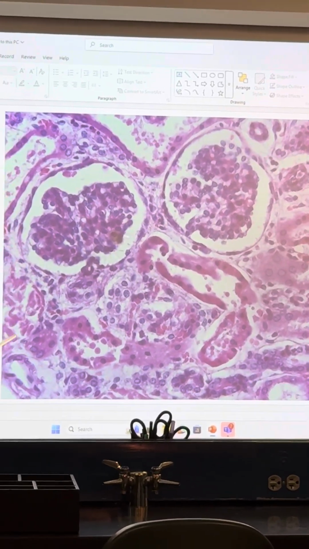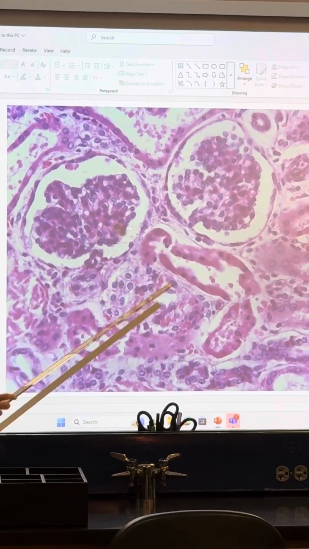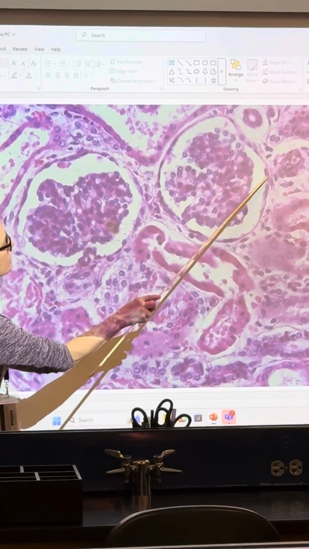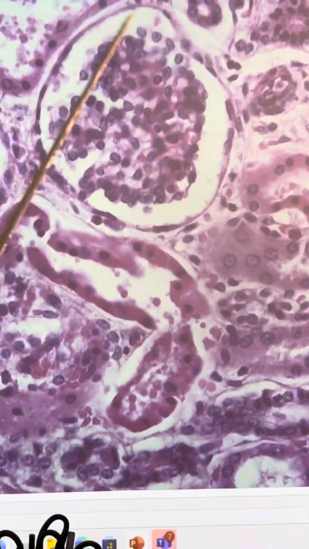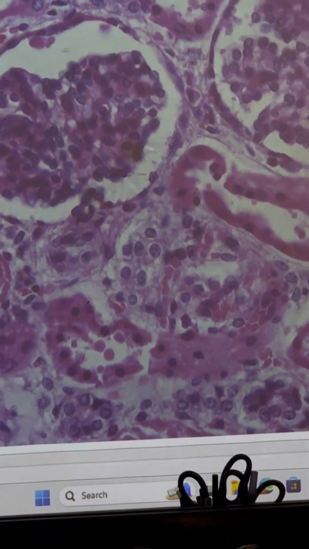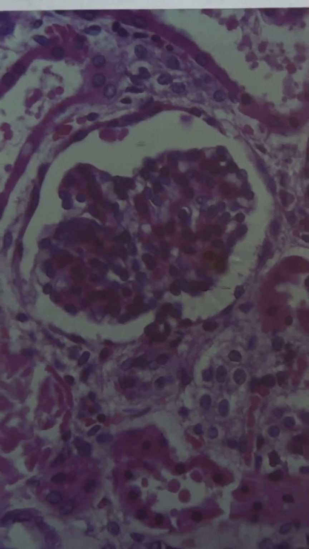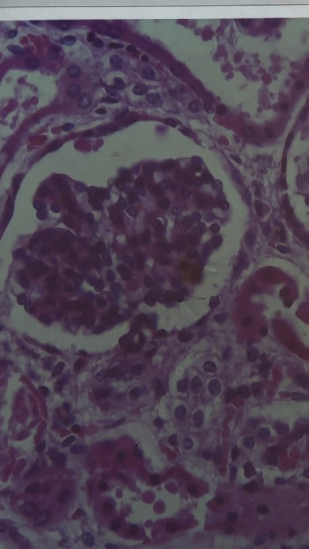So this is where the blood comes in and gets filtered in these capillary networks. But if you look around the capsule, it's all simple, what is it? Simple squamous epithelial tissue. And here our function is filtering blood. Okay. All right, I think I hit those.